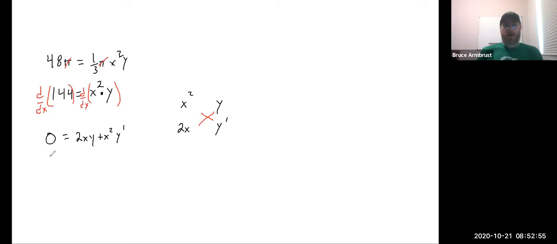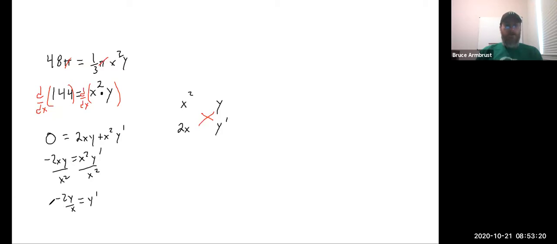So I'm going to go ahead and solve this for y prime. We don't have to do that here. We could just start plugging in numbers, but I just want to, I guess. So we get y prime is equal to minus 2y over x.